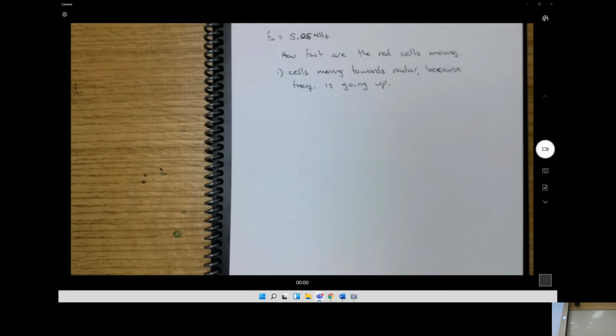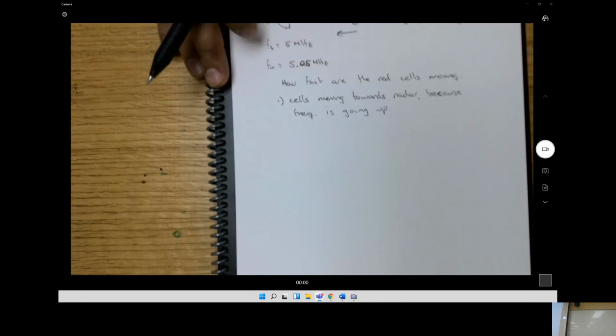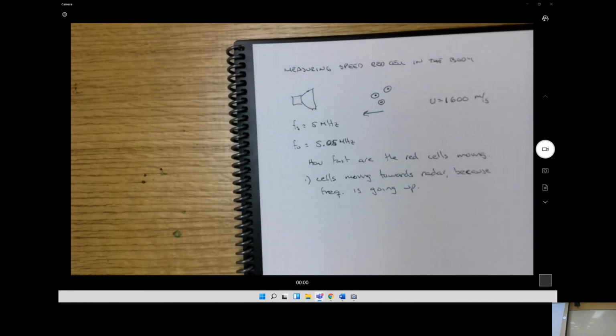Okay. Yes. Can you move it back? Oh, sorry. It is the frequency that the radar is receiving. It's the frequency of the echo.